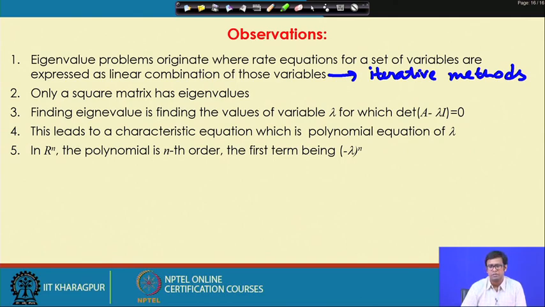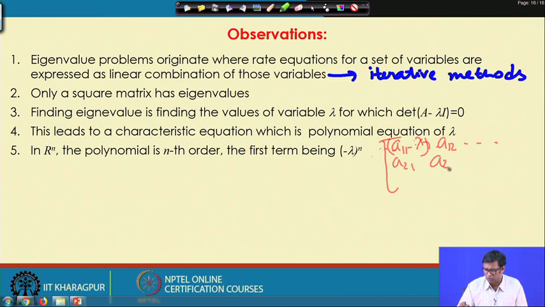And why is it so? Because whatever we get in this equation, lambda 1, lambda 2, up to lambda n are the roots of this equation. This equation can actually be written as a 1 1 minus lambda, then a 1 2 and so on, then a 2 1 and a 2 2 minus lambda, and then the remaining terms, then a 3 3 minus lambda and the remaining terms.